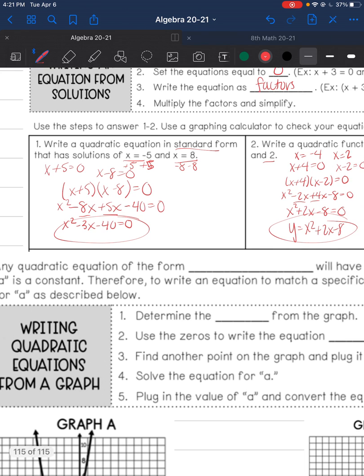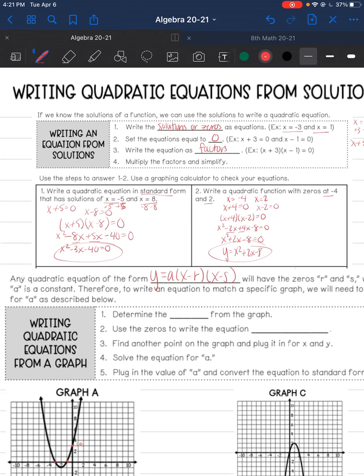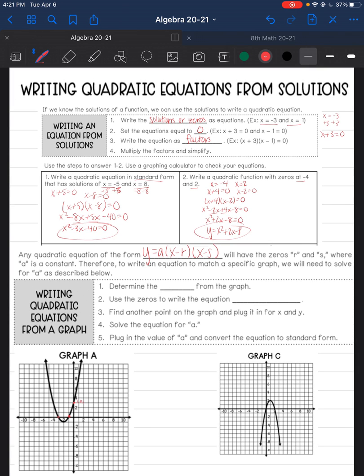Any quadratic equation in the form y equals a times x minus r times x minus s has zeros r and s, where a is a constant. Therefore, to write an equation to match a specific graph, we will need to solve for a as described below.